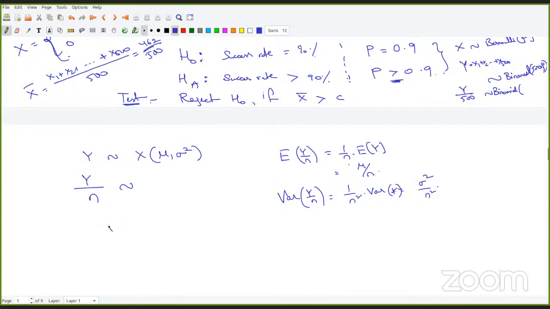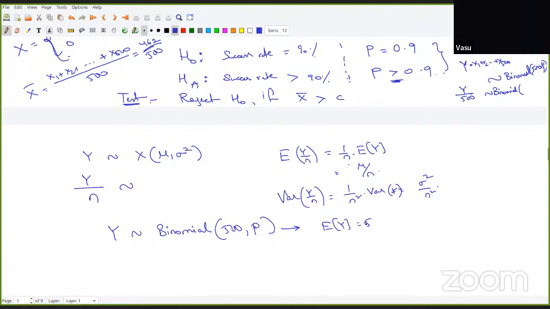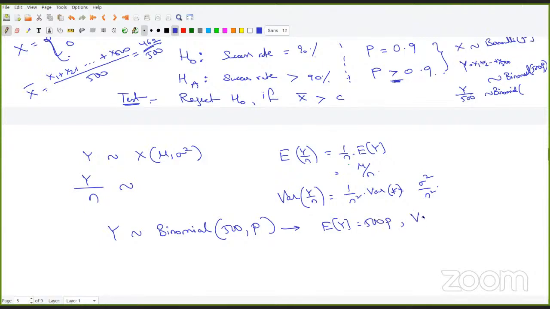Now tell me, if Y follows binomial 500 comma p, what is the expected value of this Y? 500p. What is the variance of Y? 500 into p into 1 minus p. Now Y by 500 will follow which distribution?